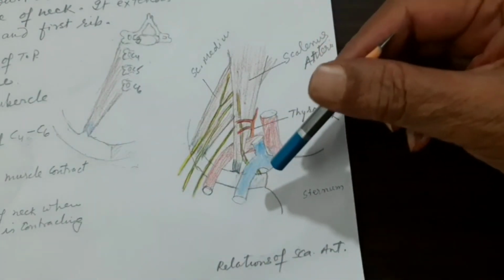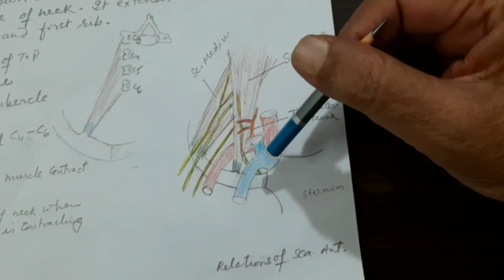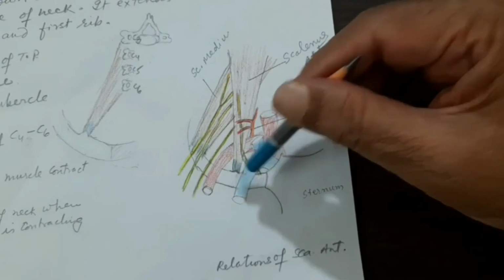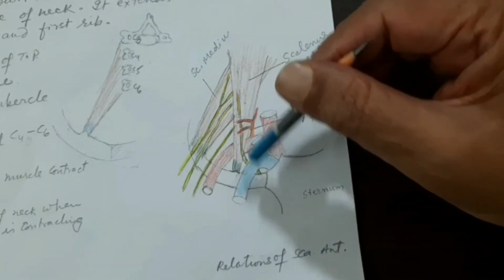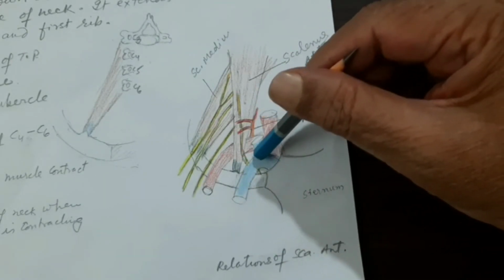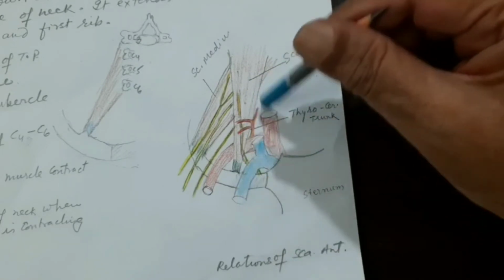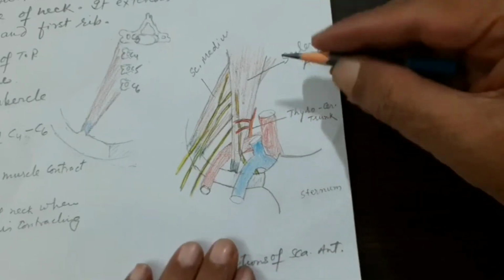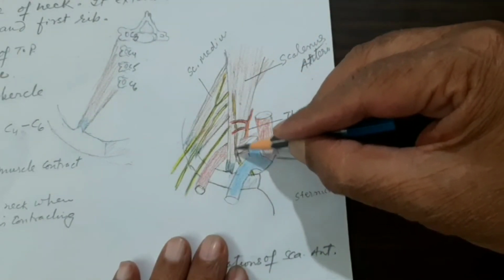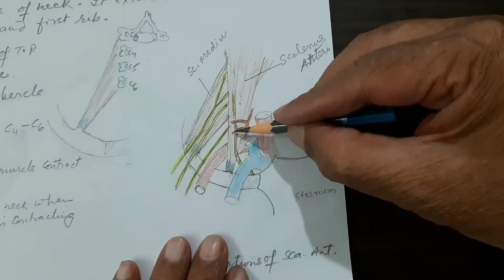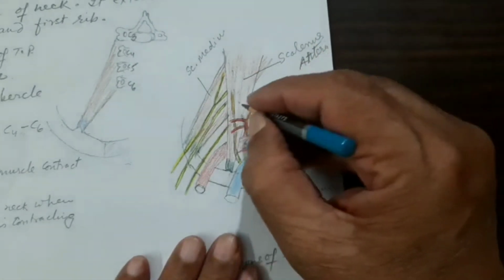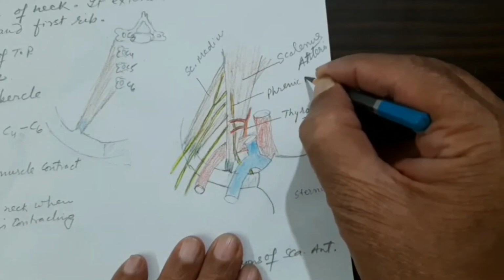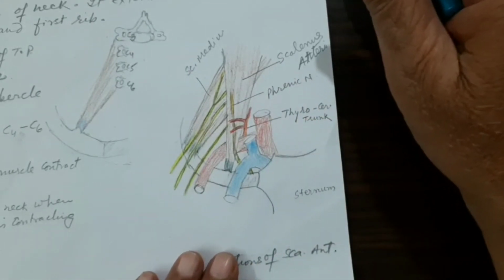So if I revise the structures which are covering: the medial clavicle and the sternocleidomastoid muscle, then the internal jugular vein within the carotid sheath, then the subclavian vein, and then directly lying on the surface of the Scalenus anterior is the nerve called the phrenic nerve. So this is the phrenic nerve which is anteriorly related.